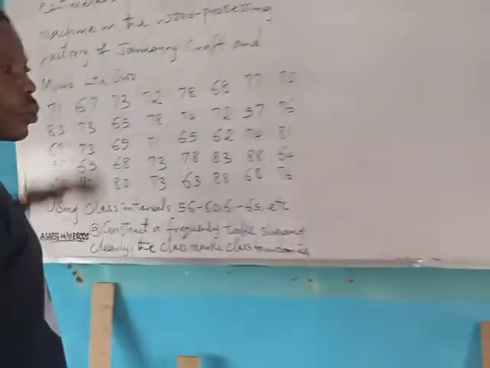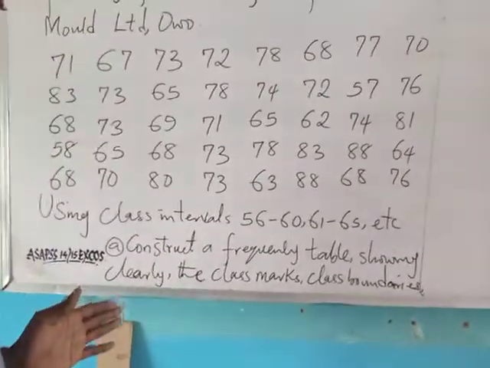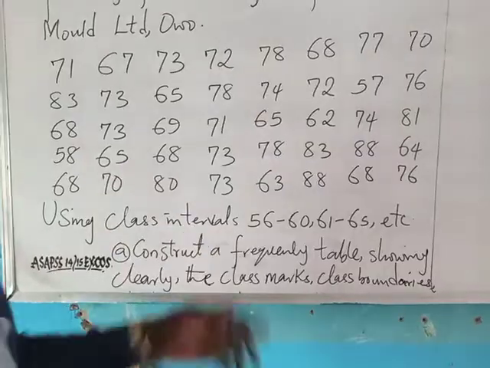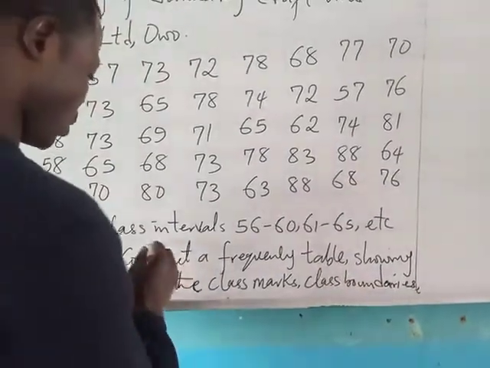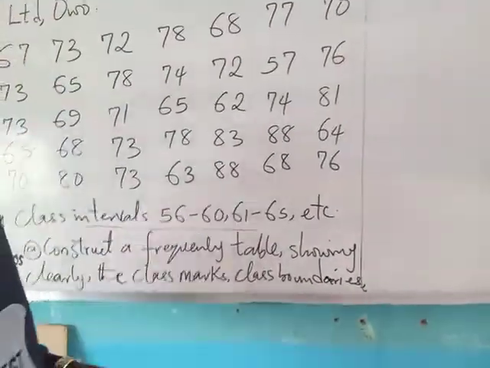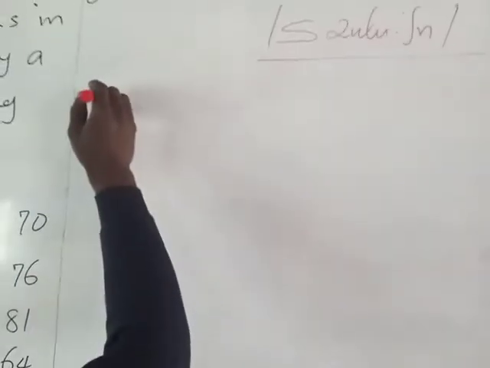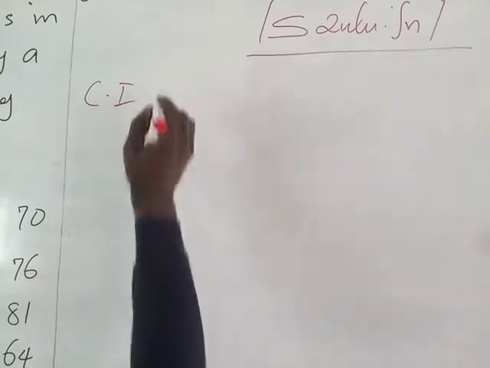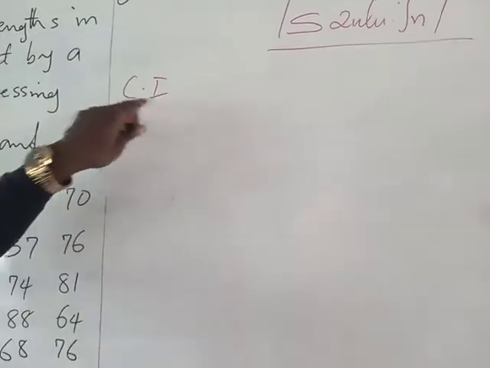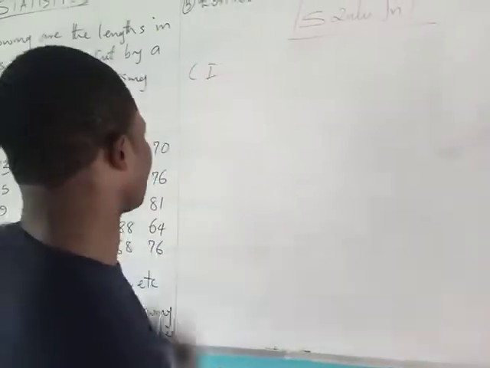What is the first thing we are going to do? Here we are given the class interval, so let's write it in our table. Class interval, let's use C.I. to represent it.